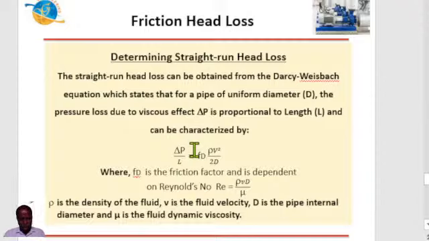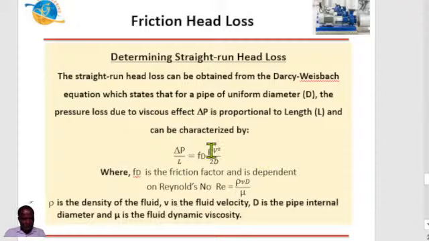On the Reynolds number. And the Reynolds number is that expression which is directly proportional to the density of the fluid, the fluid velocity, and the internal pipe diameter. And at the same time, it is inversely proportional to what? Your fluid dynamic viscosity, as you can see in this expression.